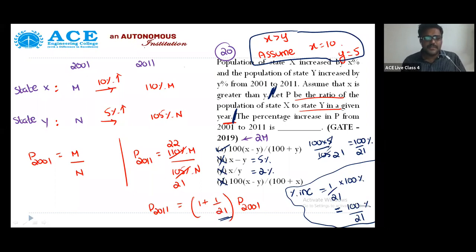If two options satisfy, you should go with two options, Grishma. You can try with other values of x and y. I think it will not satisfy two options anyhow. Okay, we can try with other values also, madam. If for all values you get two options satisfied, yes, maybe. Because 100 can be written as 10 square also.